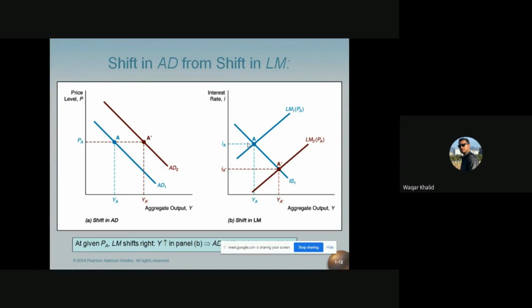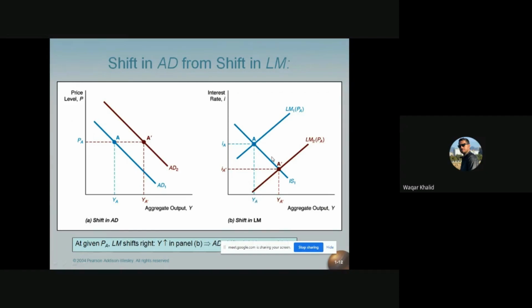So now there is a rise in money supply. The LM curve has shifted from LM1 to LM2. You can see the change in aggregate output. Initially, when we were at point A, IA was the interest rate and YA was the aggregate level of output.